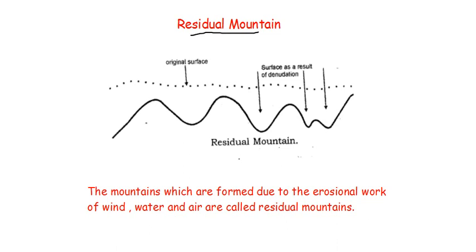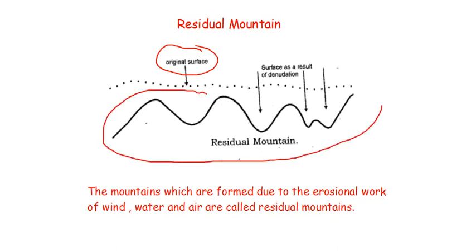The erosional work of wind, water and air are responsible for the formation of residual mountain. And due to the erosional work of all these agents, what happened? The original surface gets eroded to form the residual mountain, which is much lower in height.